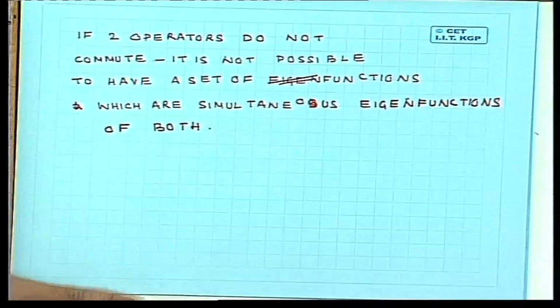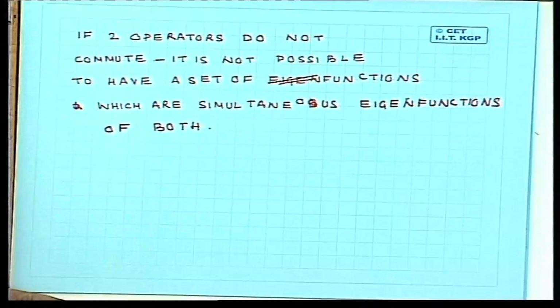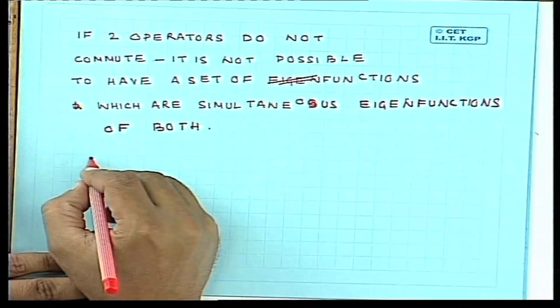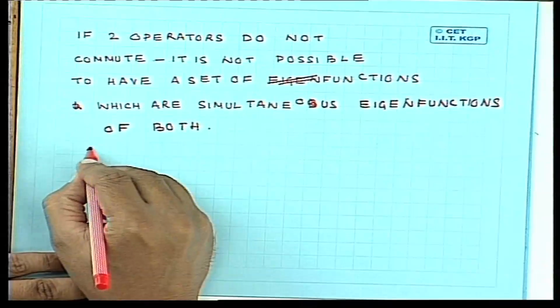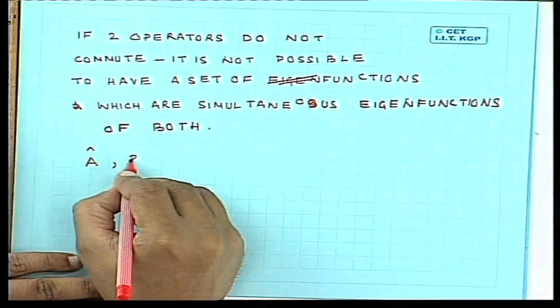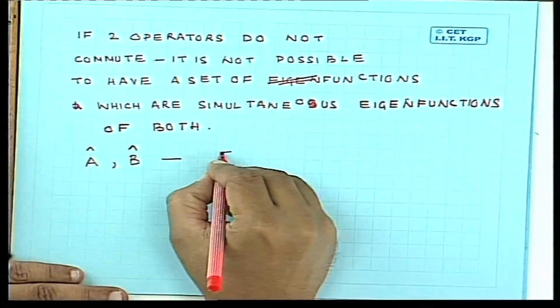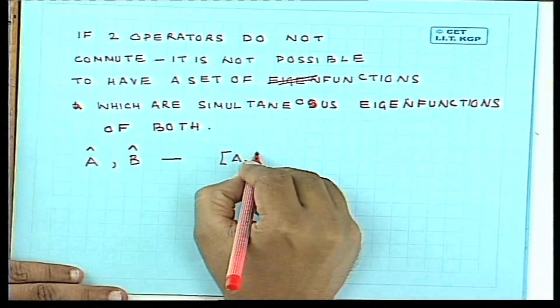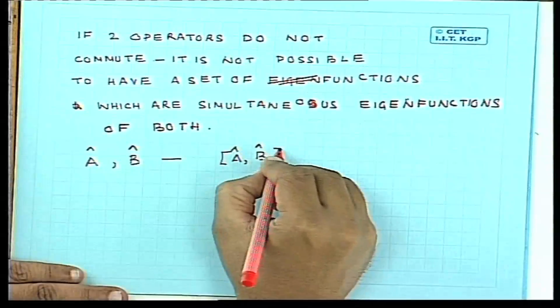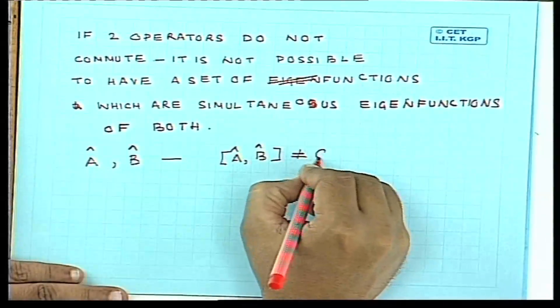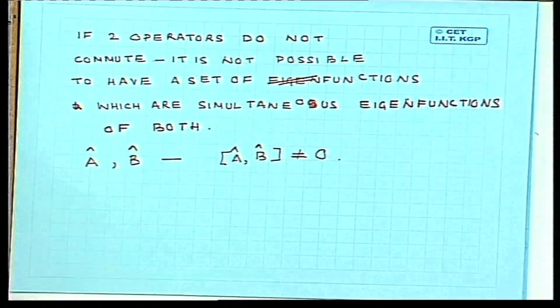So let us say that there is one operator A and another operator B, such that the commutator of A and B is not equal to 0.